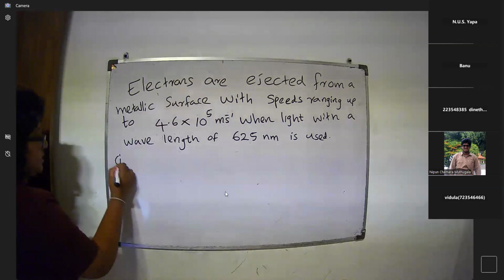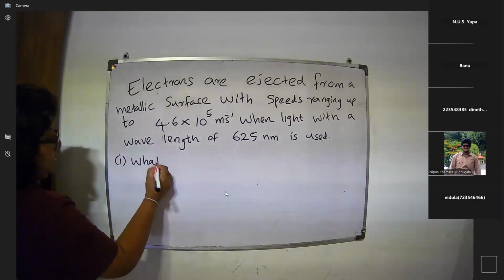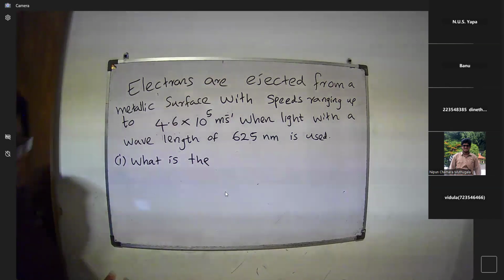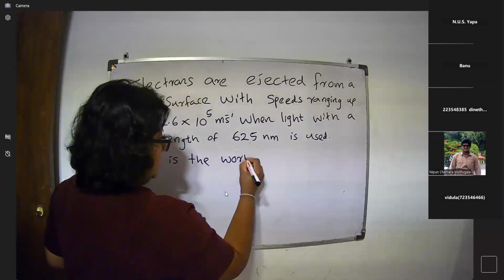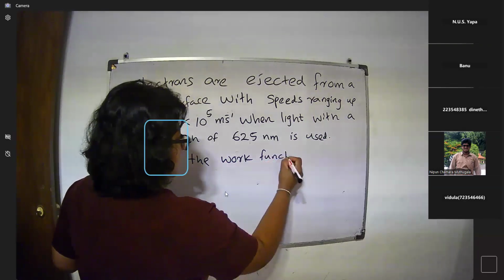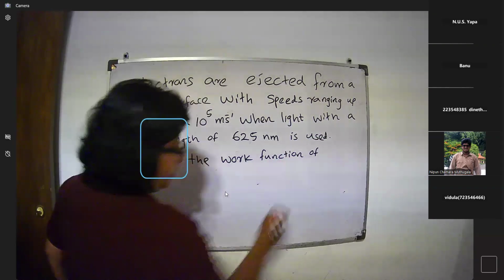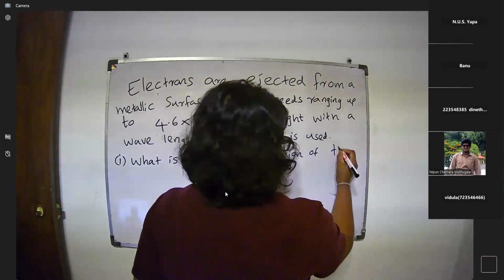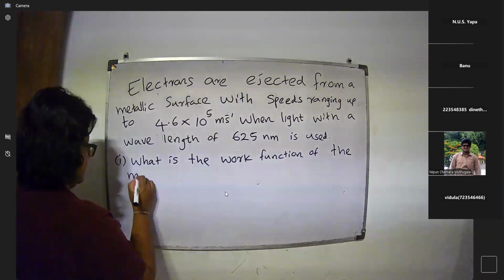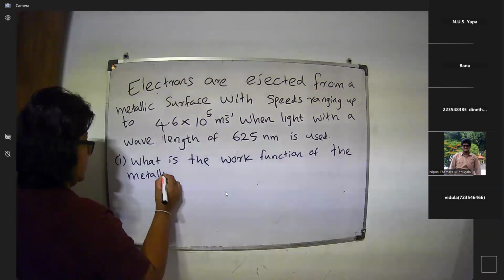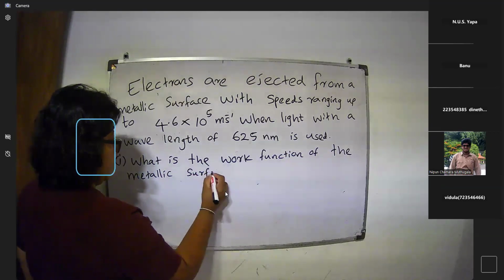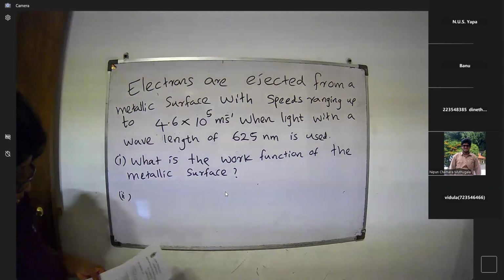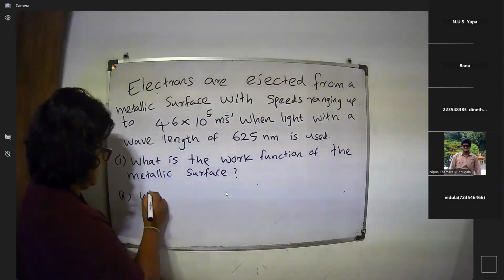The first question is, what is the work function of the metallic surface? Second one, what is the cutoff frequency?